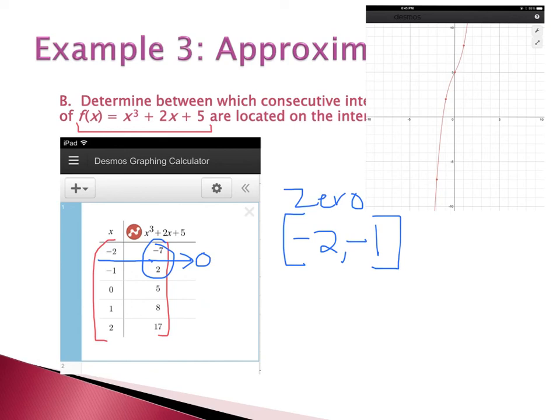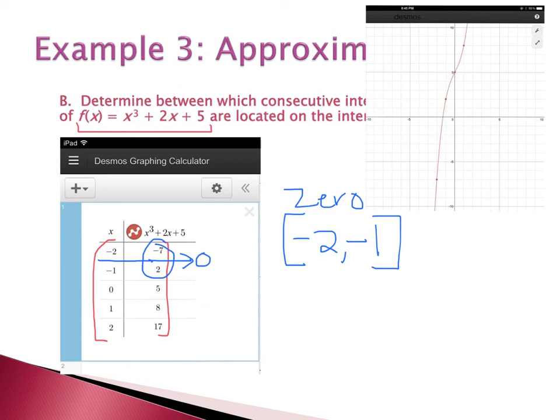Here we have a graph of our function, and what we can see is that the zero of our function, or our x-intercept, occurs between an x value of -2 and an x value of -1, because here we have the origin.